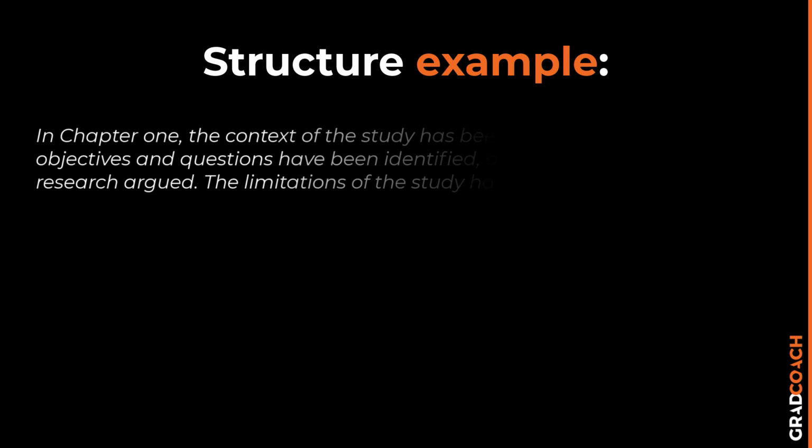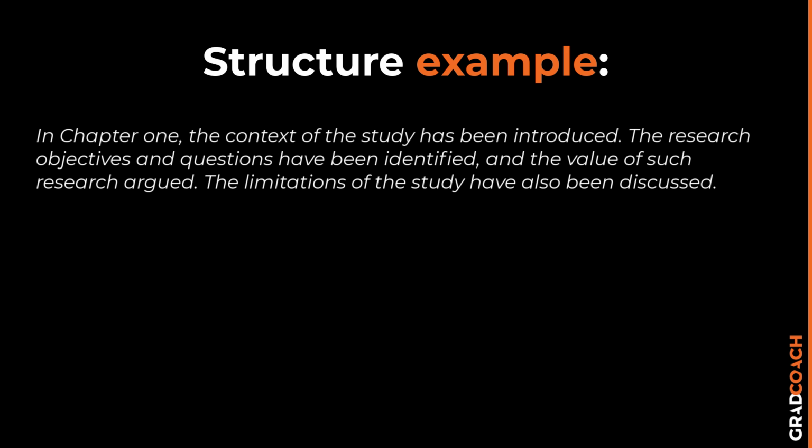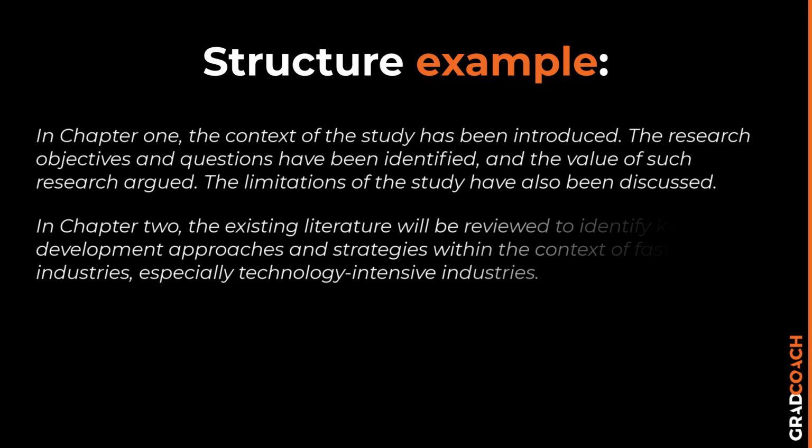Let's look at an example to make this a little more tangible. In Chapter 1, the context of the study has been introduced. The research objectives and questions have been identified, and the value of such research argued. The limitations of the study have also been discussed. In Chapter 2, the existing literature will be reviewed to identify key skills development approaches and strategies within the context of fast-moving industries, especially technology-intensive industries.